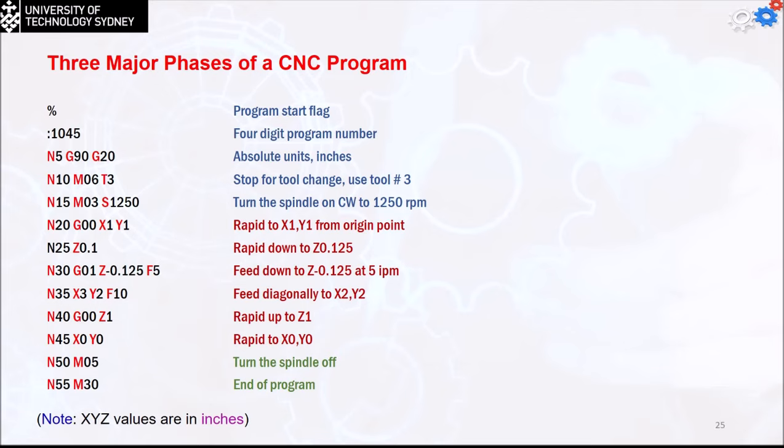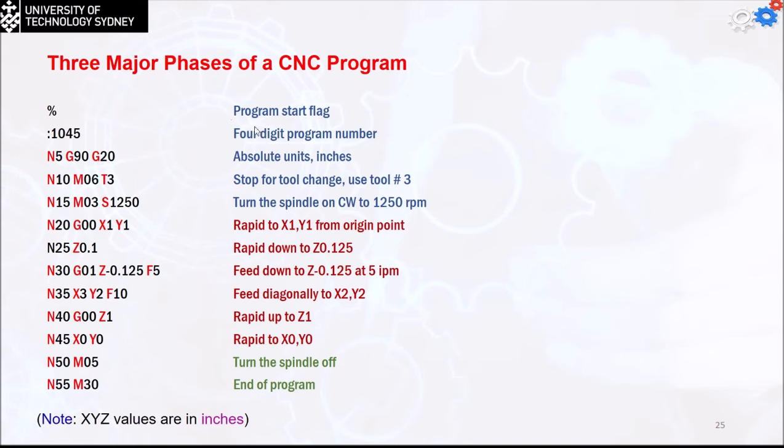Then we are going to move by feed diagonally to the next position, where the X2 and Y2 values. Then we are going to go up rapidly to the Z value of 1 inch. And then we have to go back to the origin where the X is equal to 0 and Y equal to 0. M05, turn the spindle off, and the M30 is the end of the program.